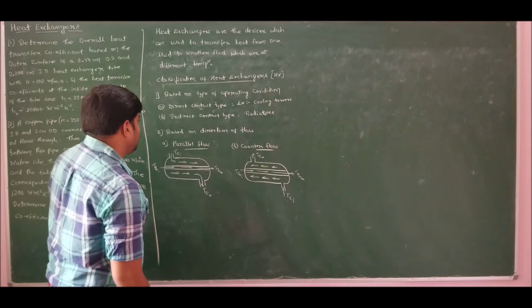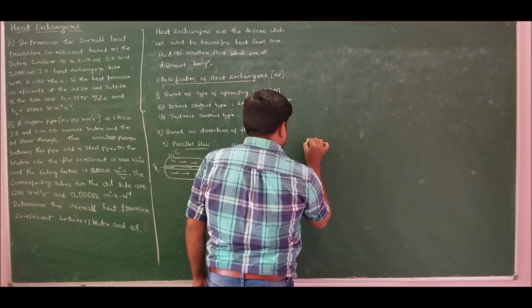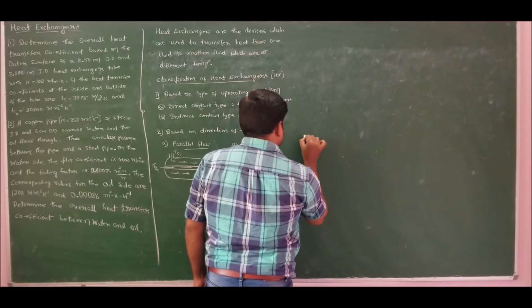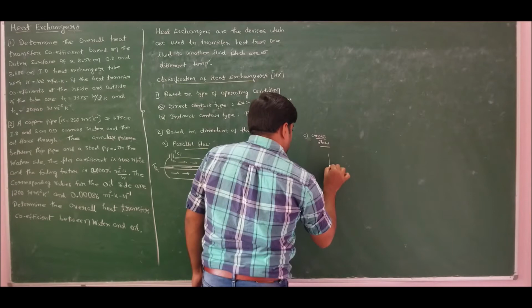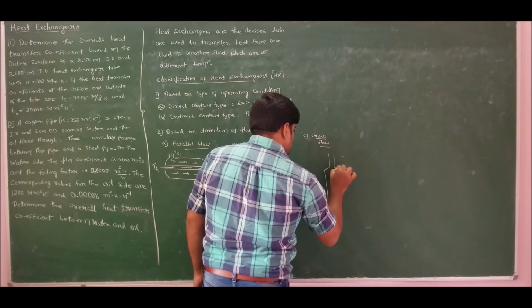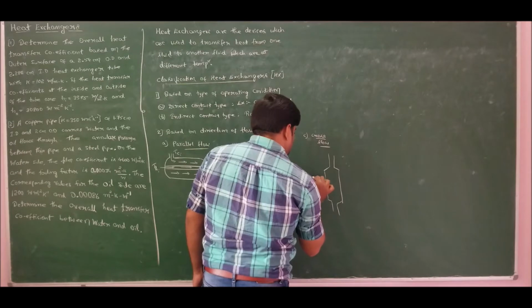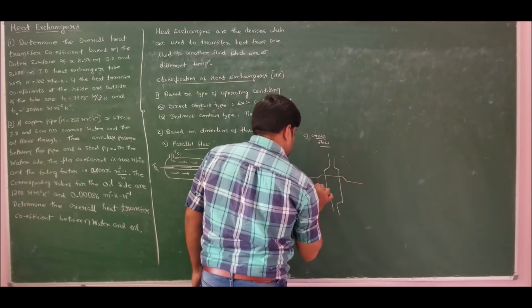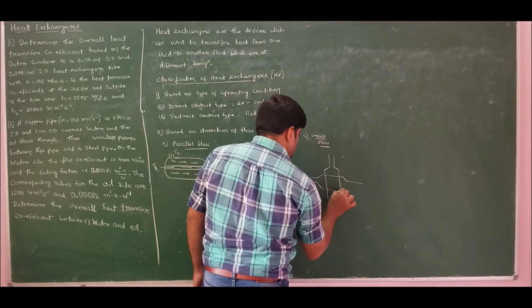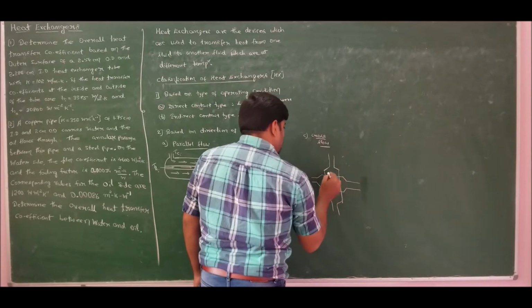And one more classification based on direction of flow is cross flow. In the case of cross flow heat exchanger, we have the flow like this. Both will flow perpendicular to each other. So this is an example of a cross flow heat exchanger.